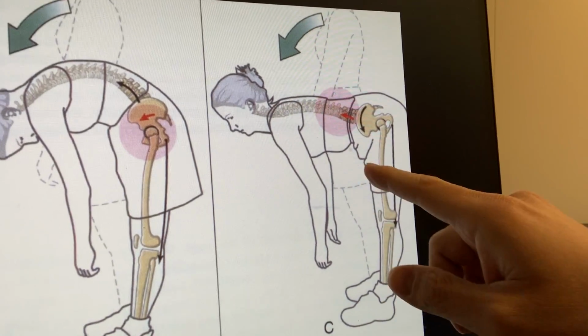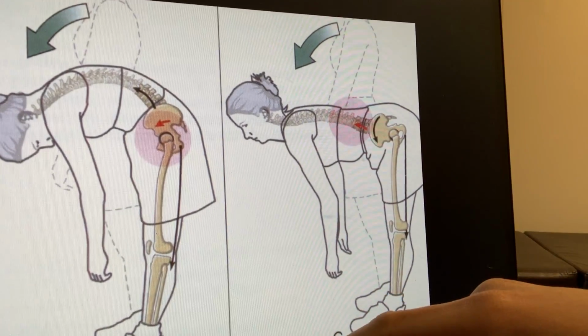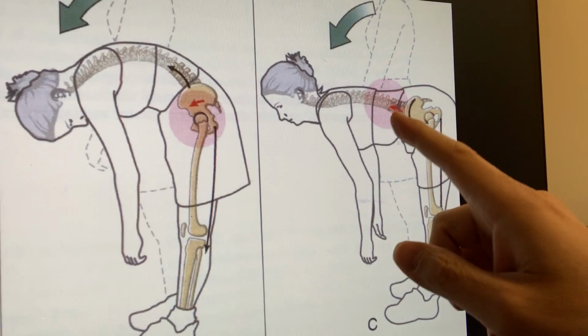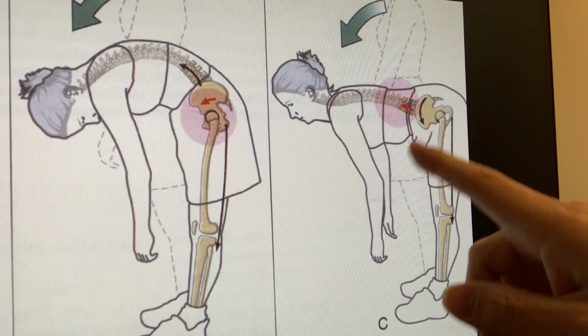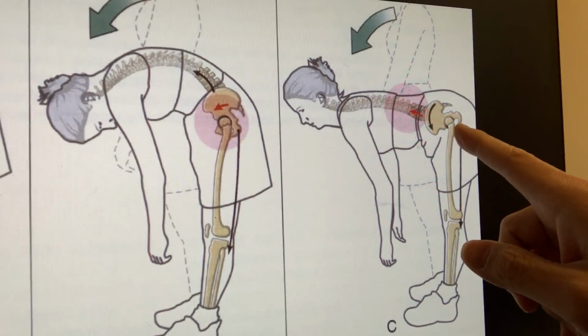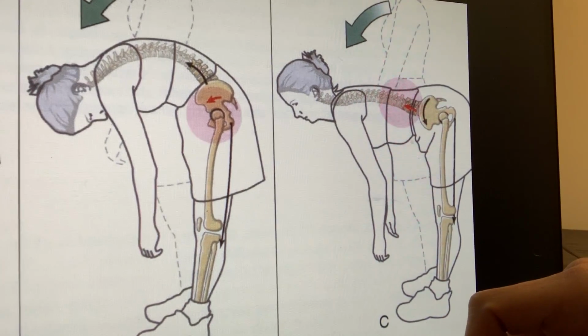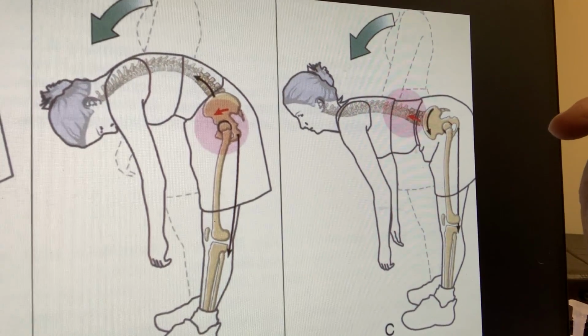What if your lumbar is uncomfortable and you don't feel like you want to do too much from there? What's going to happen is you need to use more from the hip. That is bending over. That is what I'm talking about, the concept of when you're bending over, which part of the body you're actually using.